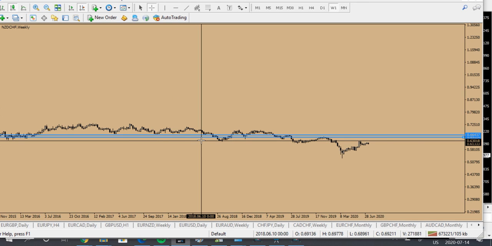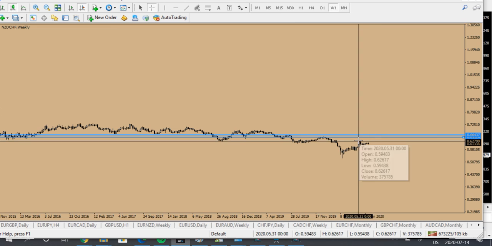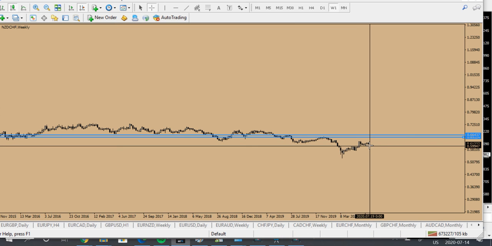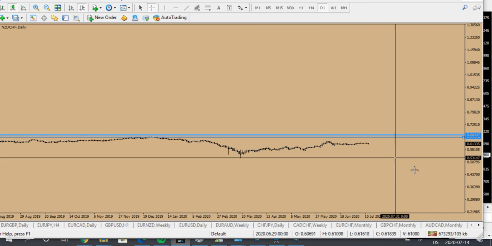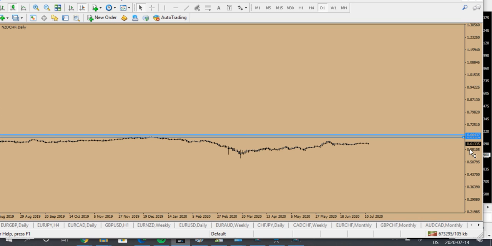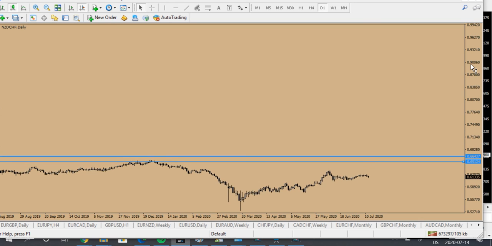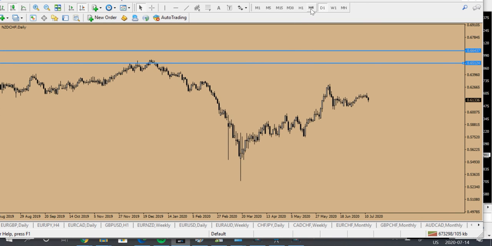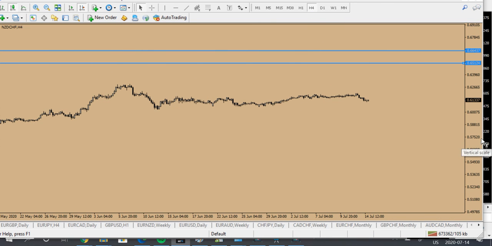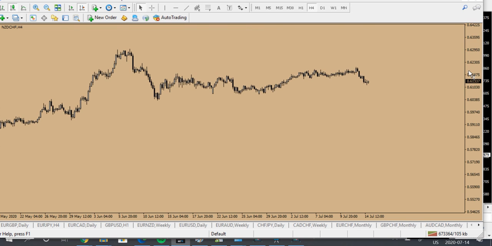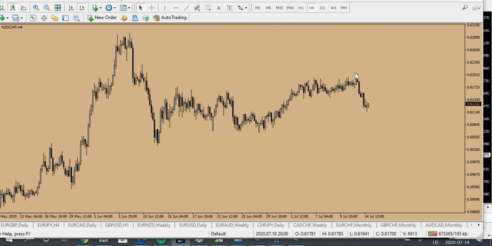As you can see, this was a resistant level. It hit it, started going down. So if you zoom in, prices are dropping at the moment.